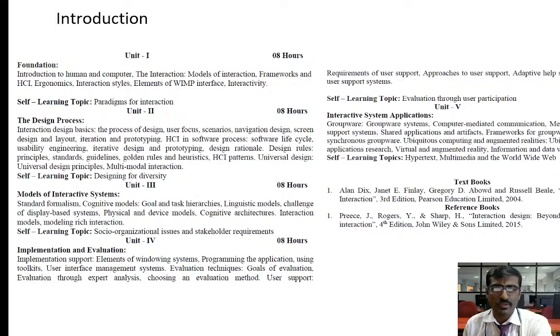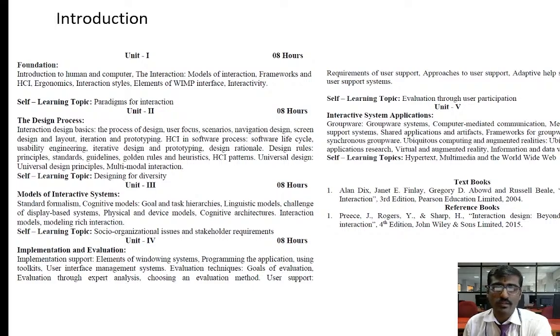In unit number 2, you'll be learning about the design process, what are the basics of the design process, then HCI in the software process. So we have two types of processes over here, software as well as hardware, and those processes you'll be learning here.